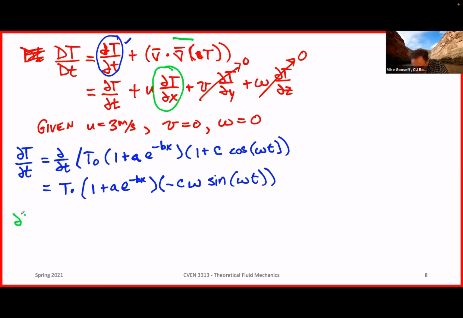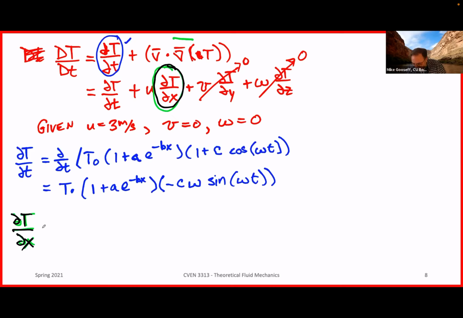So, del T del X, that's a little light. Hate for you guys to not be able to see that. Let me go to black. Del T del X. So now we're just calculating this derivative real quick.